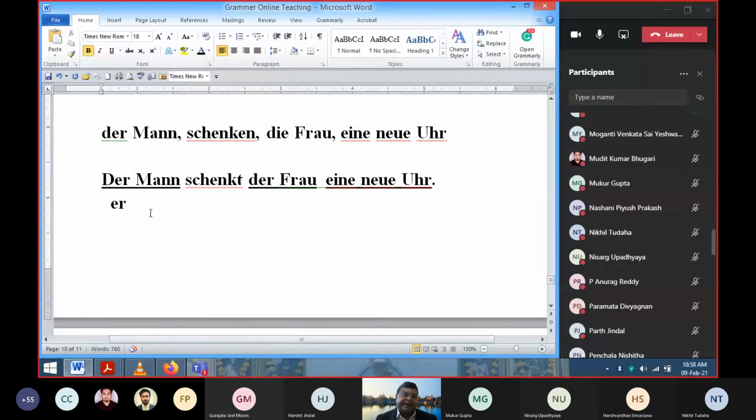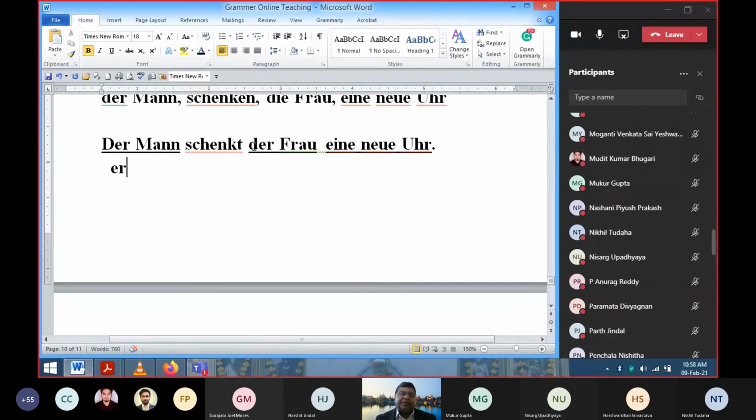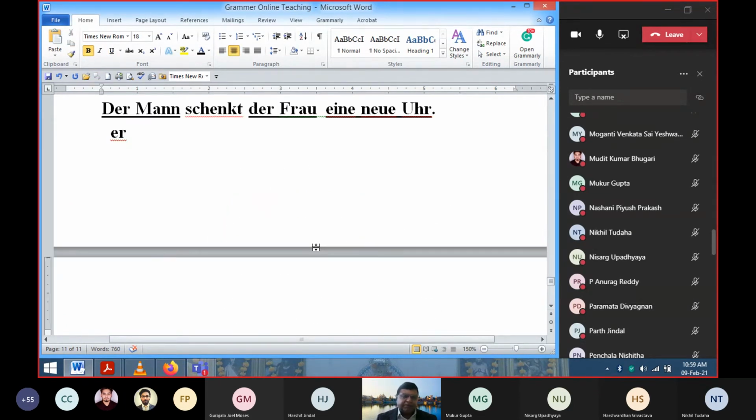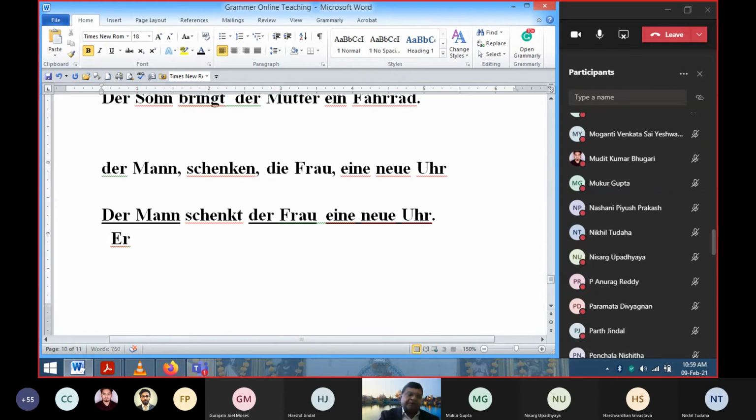An equivalent of he is er. Der Frau means to the wife. Now this is feminine and dative. So you have to select something from this last row. Feminine, so here it is ihr. Here it means to her. If you are using to any pronoun, then definitely it will be her, to her. So the equivalent is ihr.